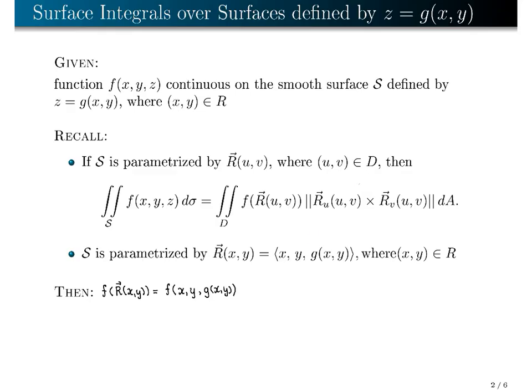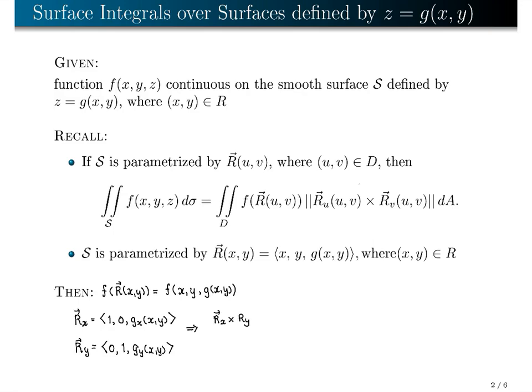Keeping in mind that these are the components of r of x, y, we obtain that r_x has x component 1, y component 0, and z component the partial of g with respect to x at (x, y). Similarly, r_y has x component 0, y component 1, and z component the partial of g with respect to y at (x, y).